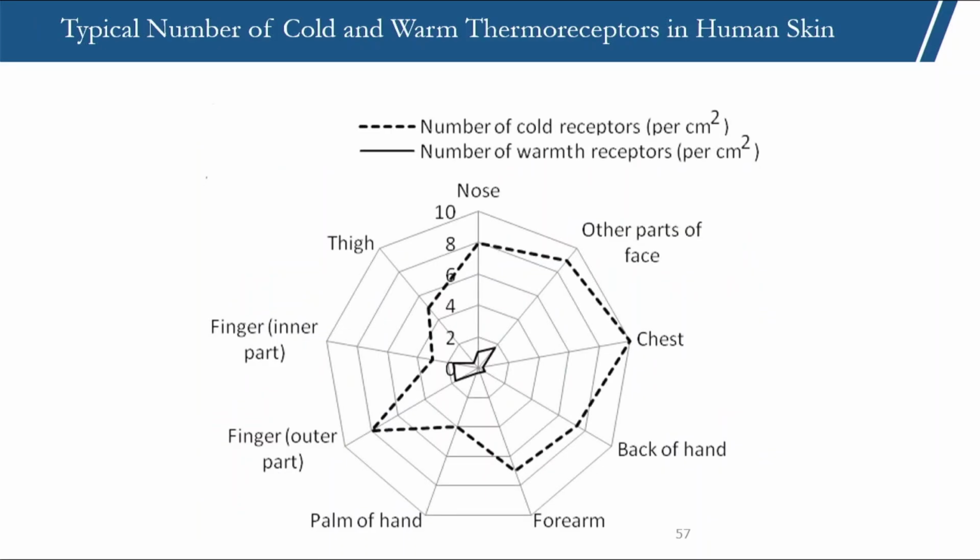If you see the distribution of cold and warm receptors, the number of cold receptors is more than the warm receptors. In the chest region the number of cold receptors is more.